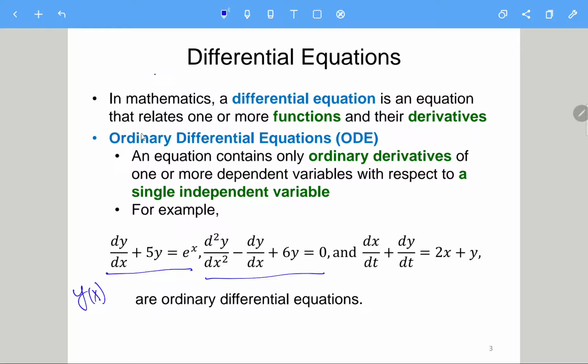So here we talk about the ordinary differential equation. An equation that contains only ordinary derivatives, which is like, suppose a function has only one independent variable, then the derivative is a full derivative.